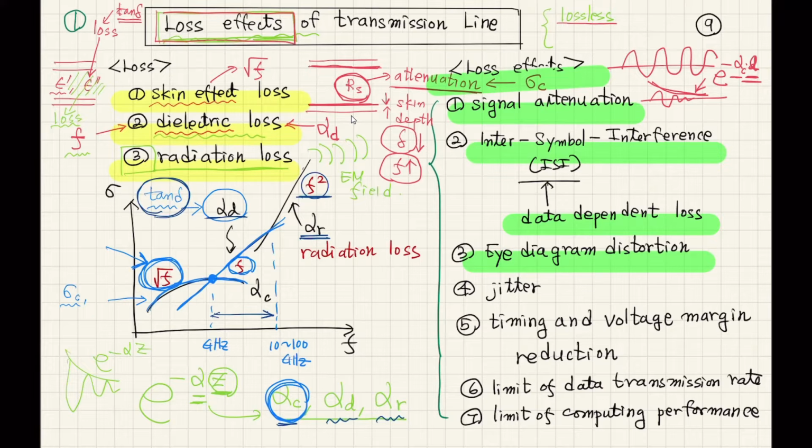The receiver circuit is really becoming difficult. That's why IO circuit designers are asking for better and better interconnection design in order to provide more voltage and timing margin at the receiver side. The interconnection designer has to minimize these three different losses: conductor loss, dielectric loss, and radiation loss. Because of that, you have to understand the basic physics related to these three different losses.